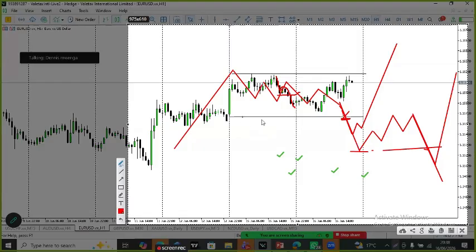Because price has not broken below external structure. This external structure, price has not broken below it. So that is where institutions tend to manipulate the market like that and fool traders who are impatient. That's why I said learning and understanding market structure will be very, very vital when it comes to chart analysis.